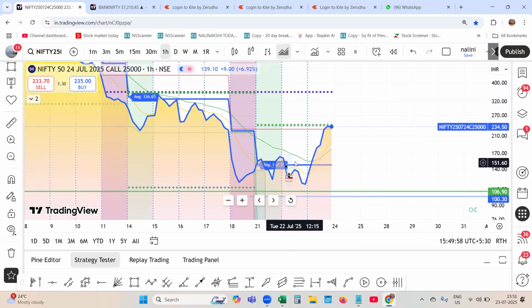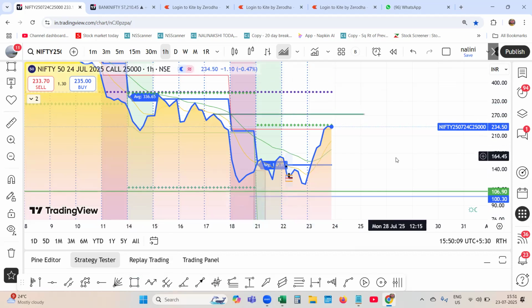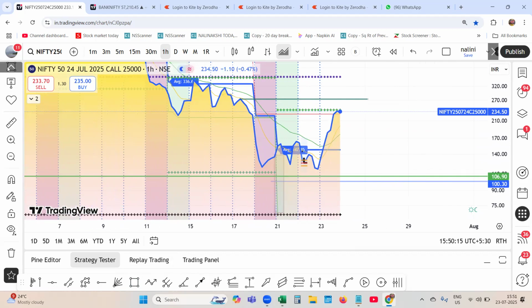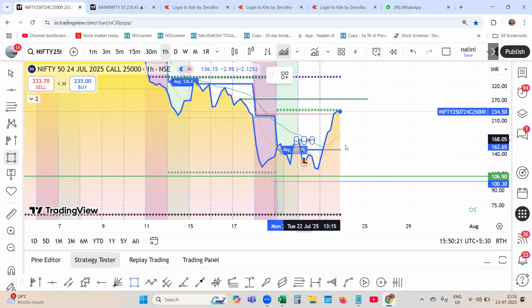Okay. If I change it to an area chart, the immediate resistance for the call option is 273, and the immediate support will be 164. These are the simple techniques that I use for my trade.